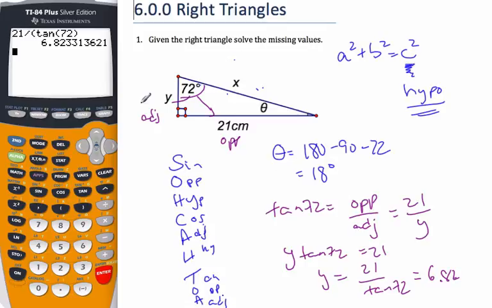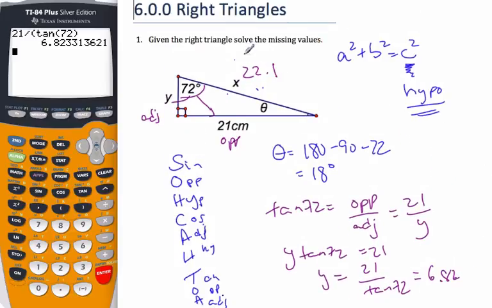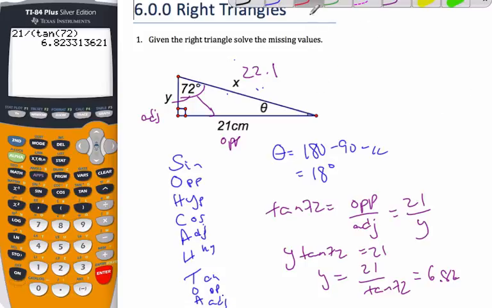So another way I could have done it, if I know this is 22.1, is that what we had said? Yes, 22.1. I could have also used the Pythagorean theorem for this. I could have said that y squared plus 21 squared is equal to 22.1 squared.